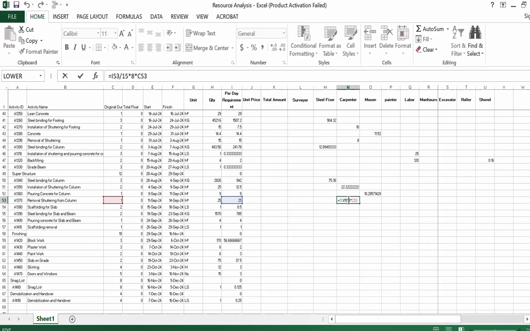If, as per site condition, it is not possible to achieve the duration, you can decrease or increase the duration. If you increase the duration, the number of hours per day will automatically change. I will put 4 here, so you can see the per day requirement will change but man hours will be the same.